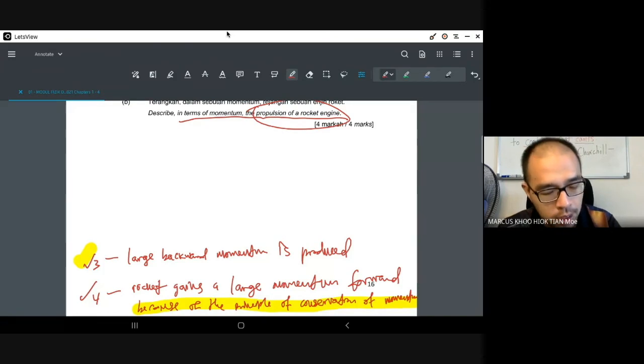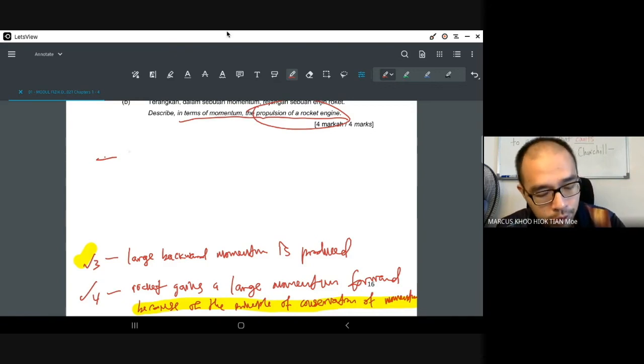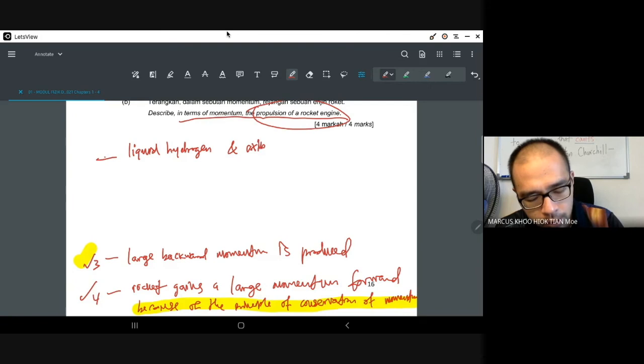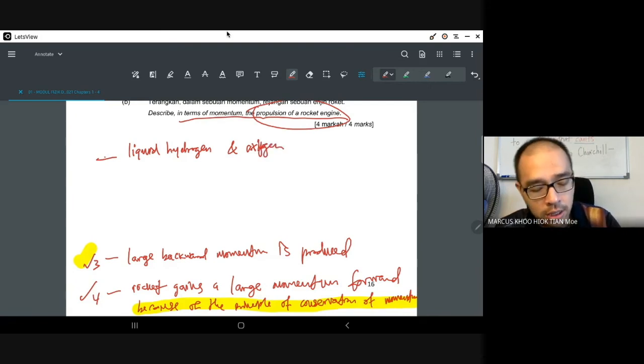So this one, we need to remember. Just like how you explain different things, these are things that you need to remember and you need to explain. The rocket engine, the most important thing is liquid hydrogen and liquid oxygen.